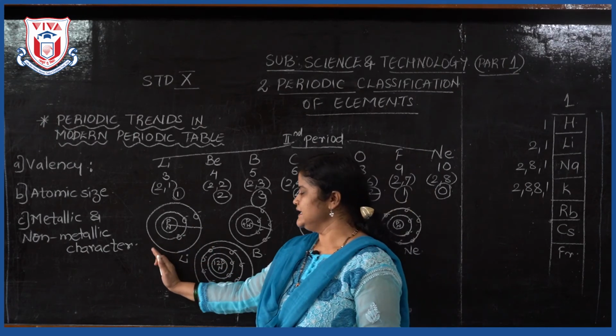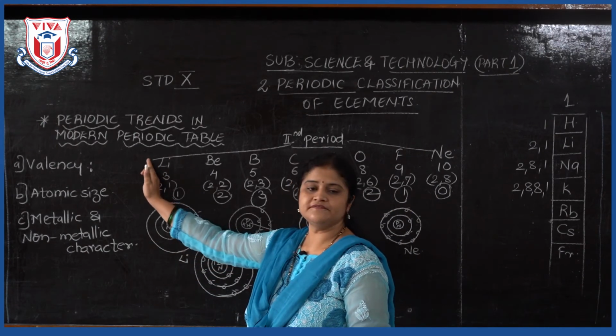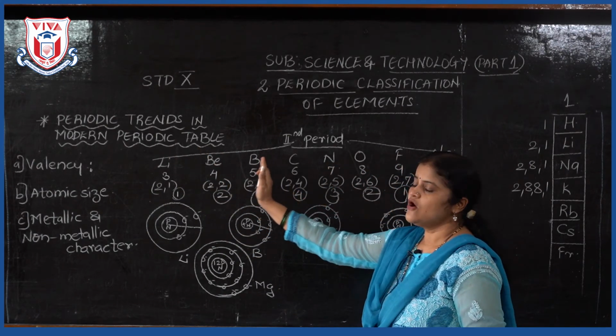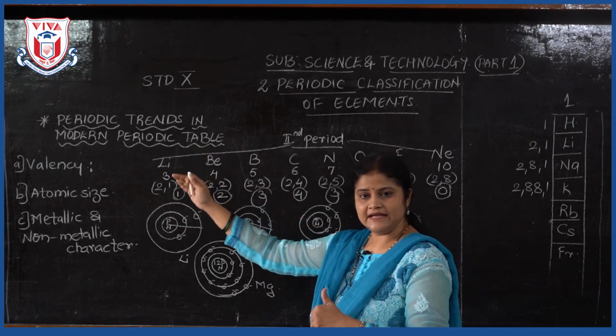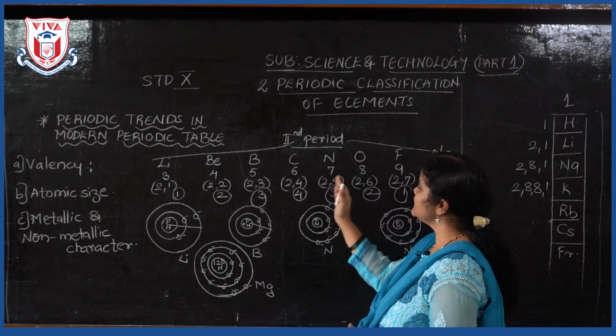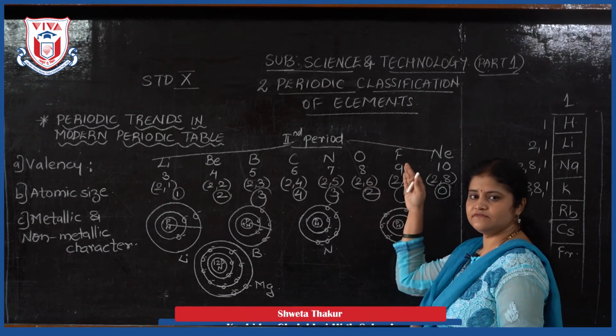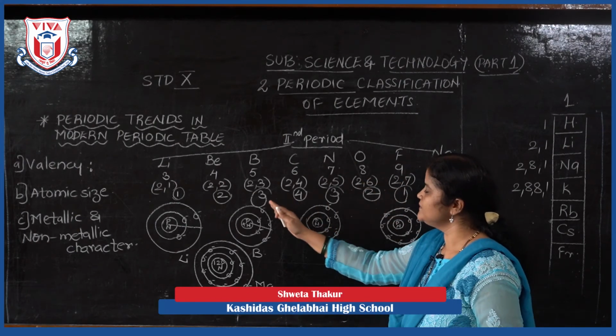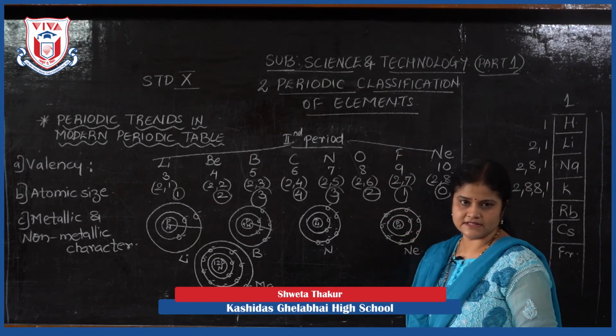Even in the second period, lithium, beryllium, boron are metals, but the character goes on decreasing in a period. And if we see nitrogen, oxygen, fluorine, these are all non-metallic elements, hence the non-metallic character goes on increasing.